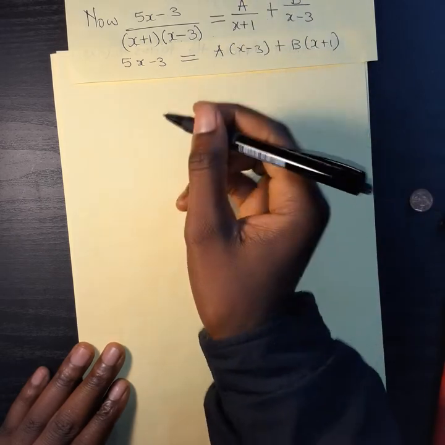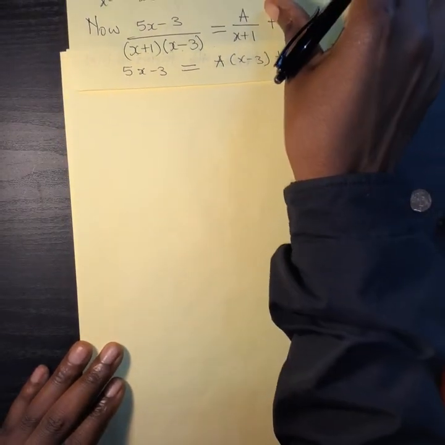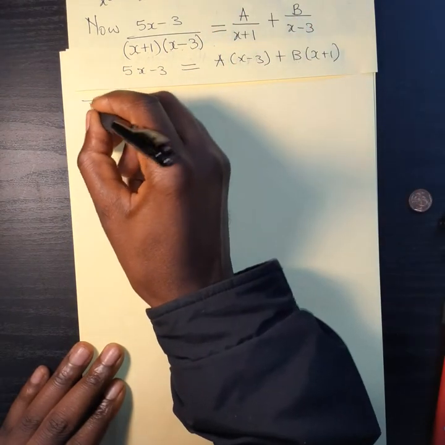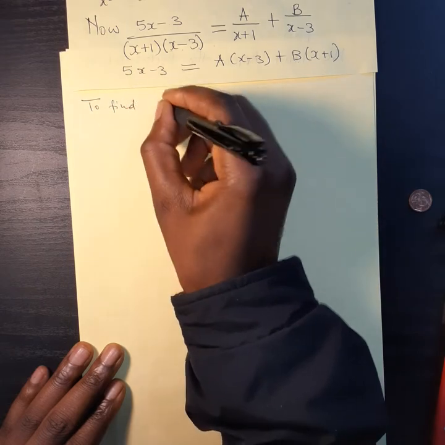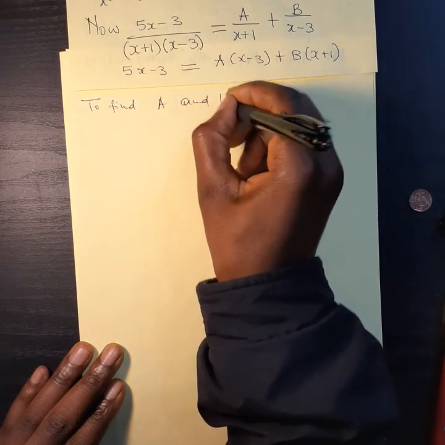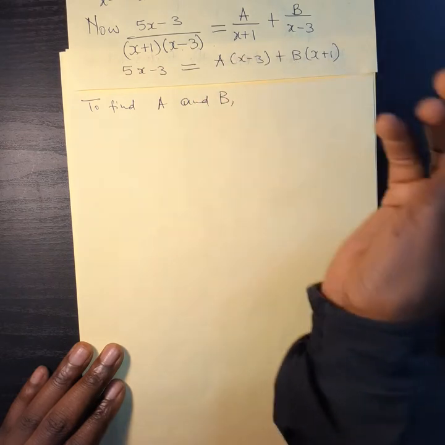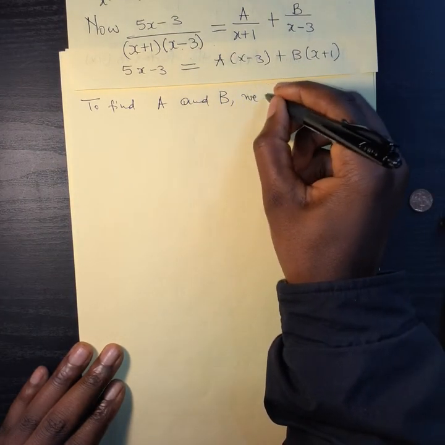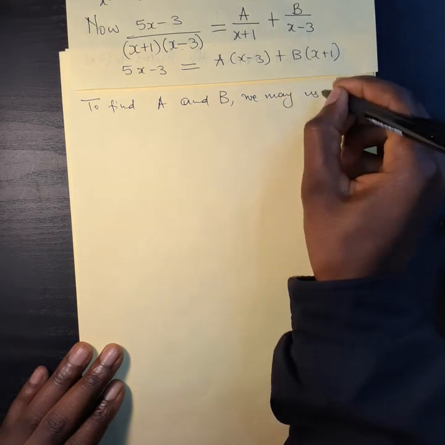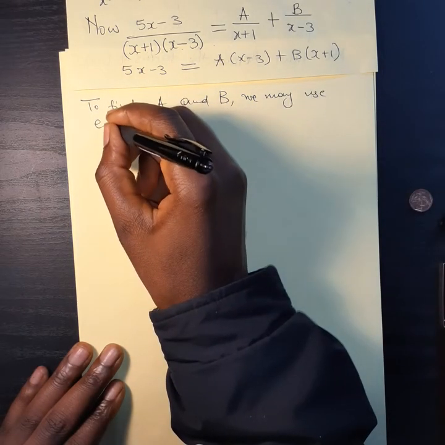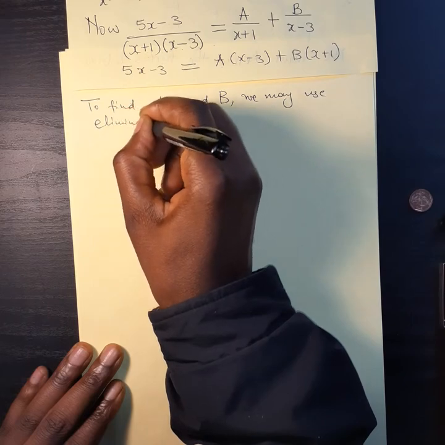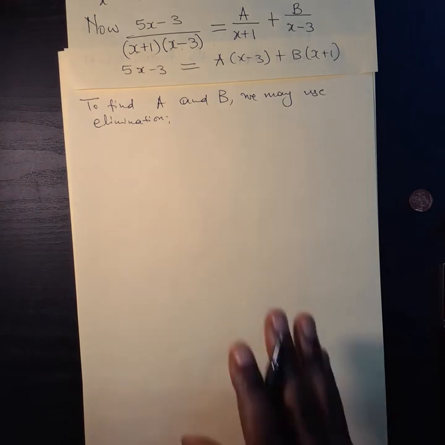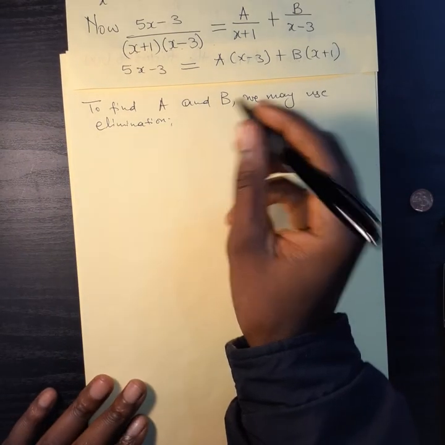So there are several ways of doing it. I will show you the simpler one. To find A and B, now we use elimination. So how do we do that?